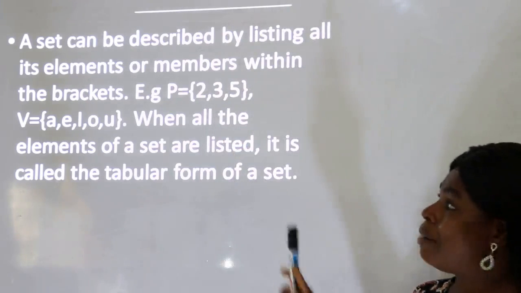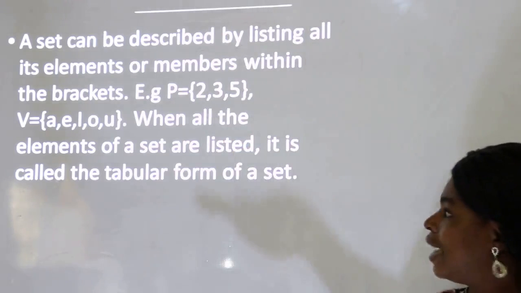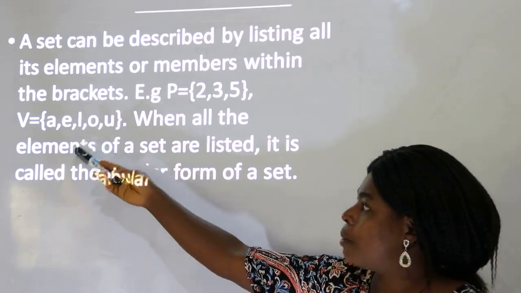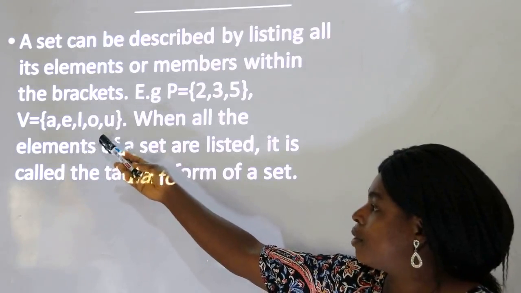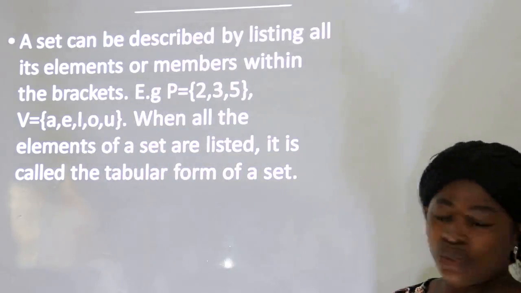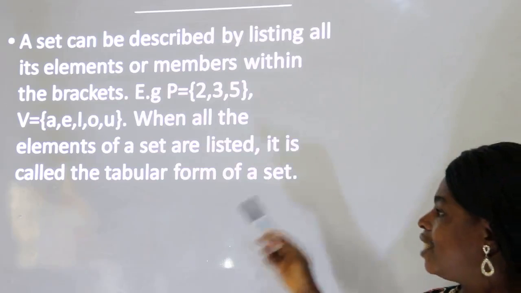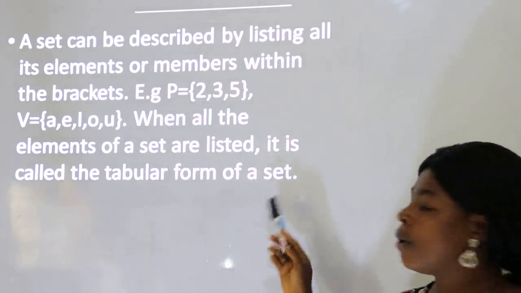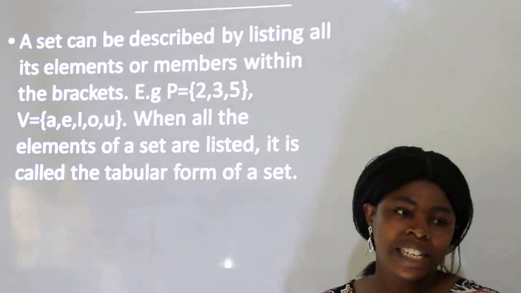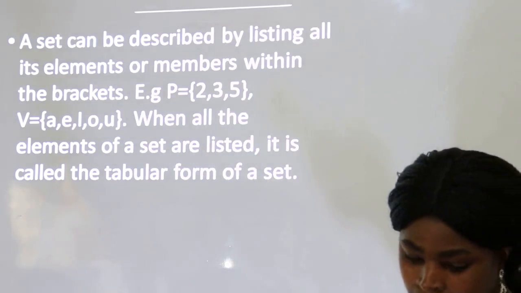That is all the elements in set P, they are complete. Like V is equal to {A, E, I, O, U}. That is all the elements in set V, and so on. When all the elements of a set are listed, it is called the tabular form of a set.